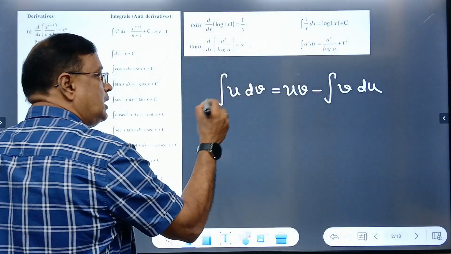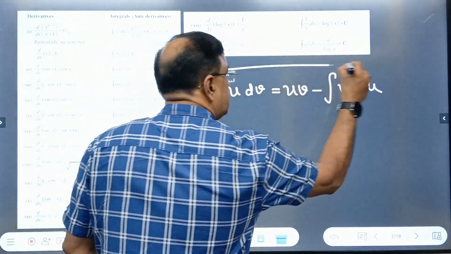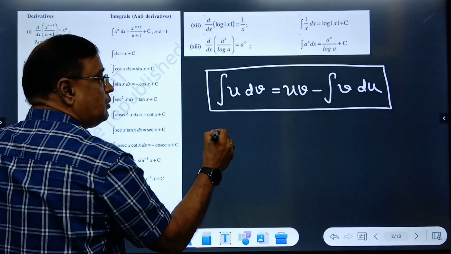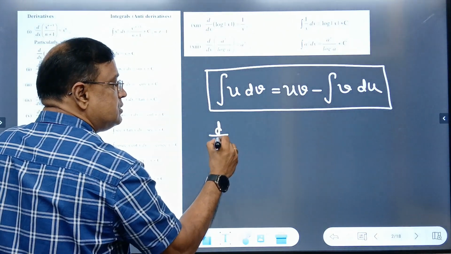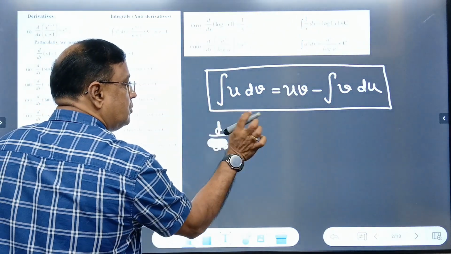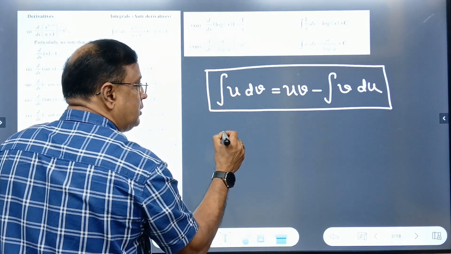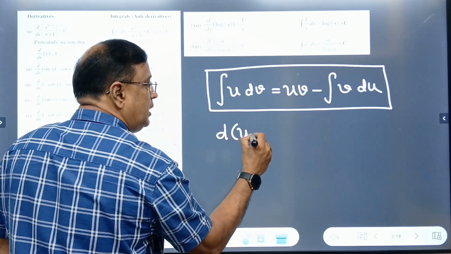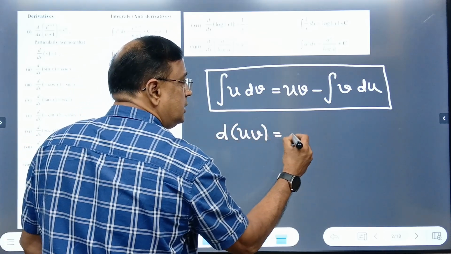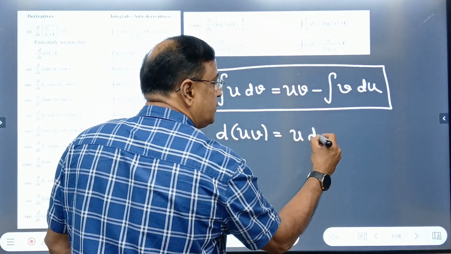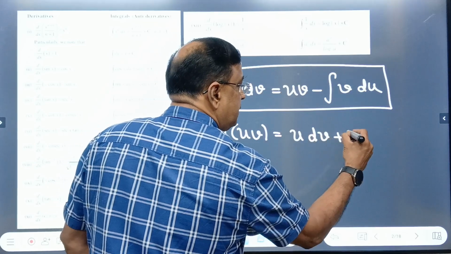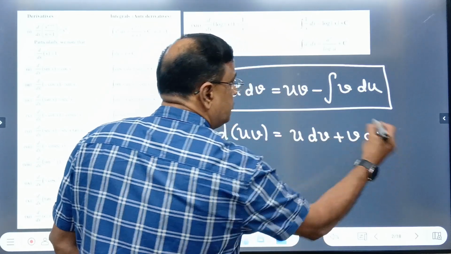Now let's see how to derive this. It all comes from differentiation using the product rule. If I want to differentiate uv, it's basically u times differentiation of v plus v times differentiation of u.